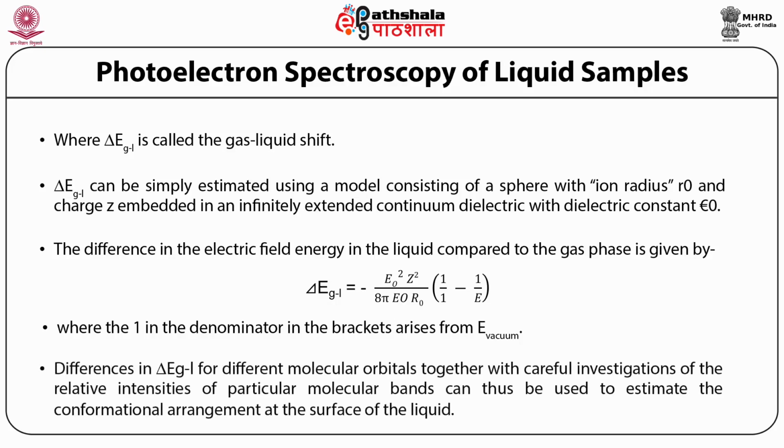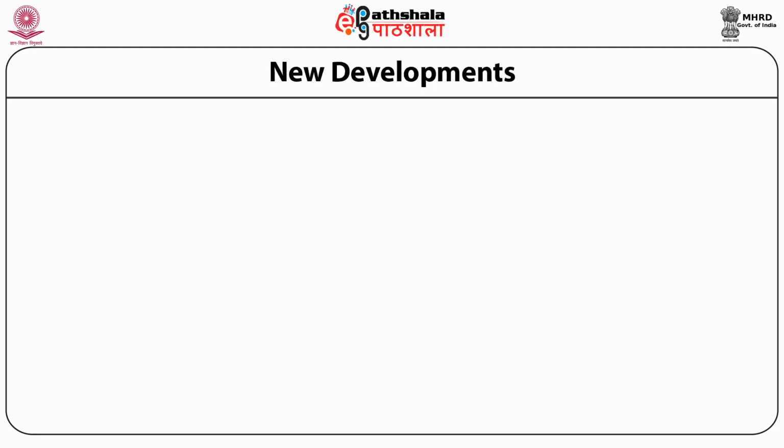Differences in delta E G minus L for different molecular orbitals, together with careful investigations of the relative intensities of particular molecular bands, can thus be used to estimate the conformational arrangement at the surface of the liquid, which continues to explain the spectra of some other species.